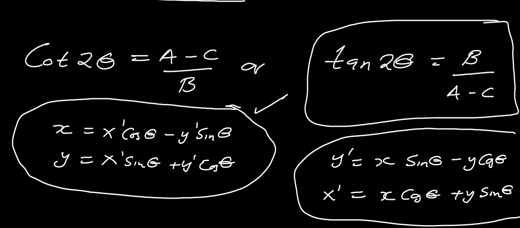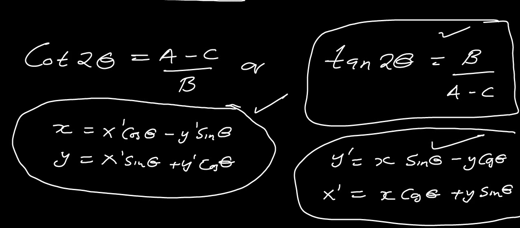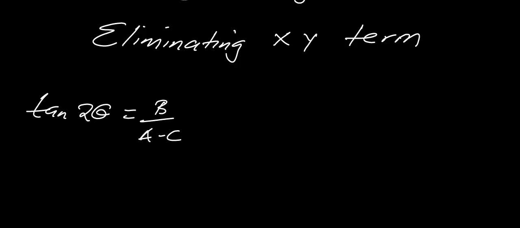But if there's no XY term and you want to bring it back on board, we use this set of formulas here. Then don't forget the formula for the angle. Tan 2 theta is equal to B over A minus C. The A, B, C are coming from the general equation.